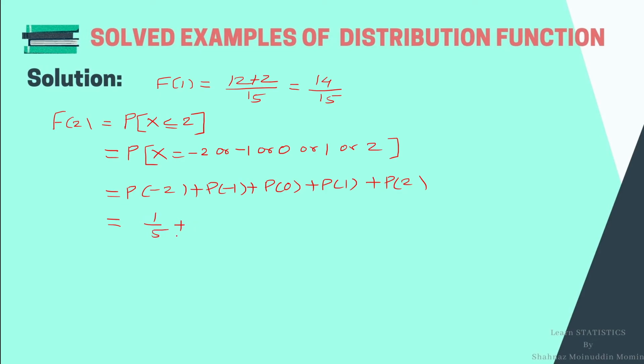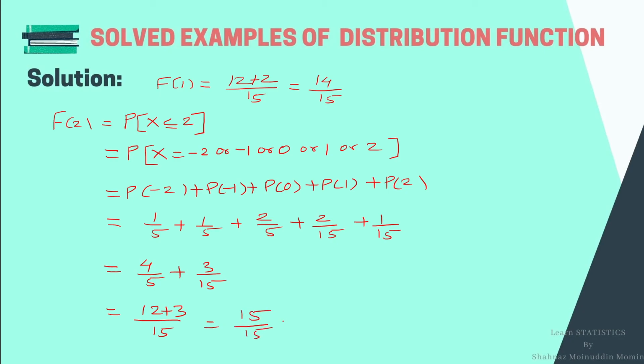By substituting all these values from the probability distribution table, we get 4 by 5 plus 3 by 15. After simplifying, we get 12 plus 3 by 15, which is equal to 15 upon 15, equal to 1. Hence CDF at the point 2 is 1.